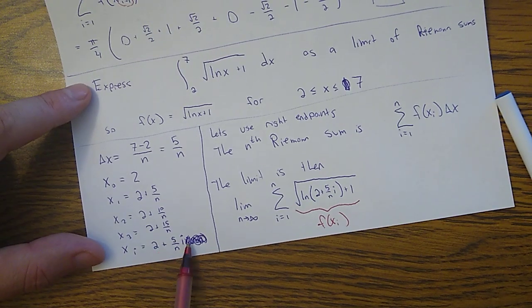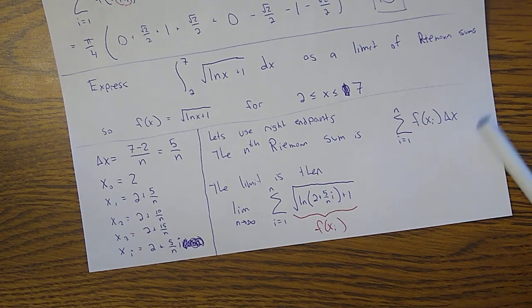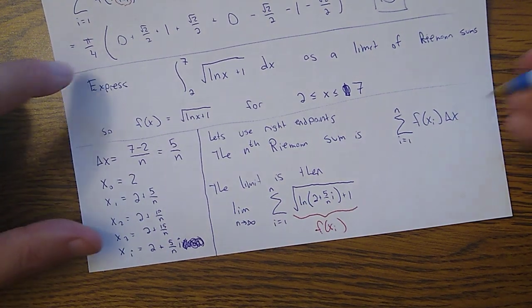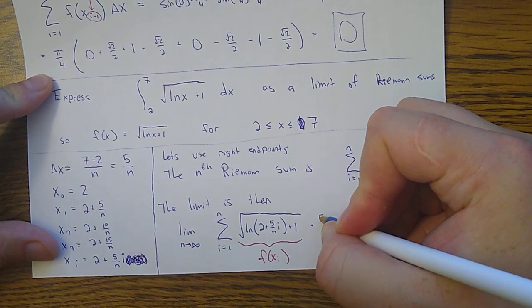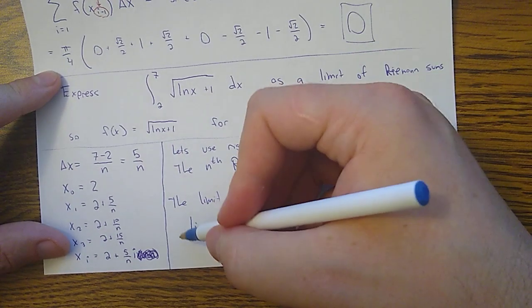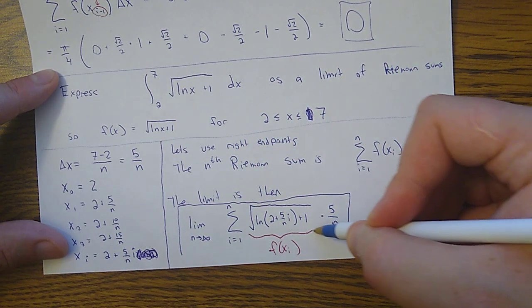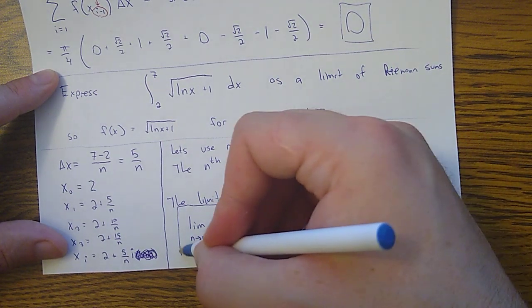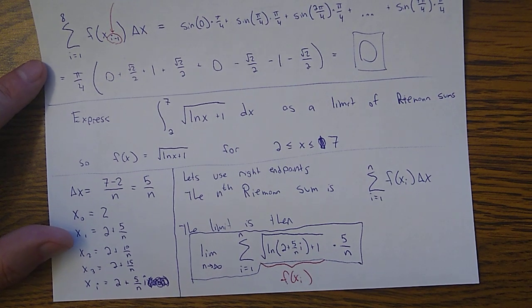I just plugged this into this. And then I have delta x, and delta x is 5 over n. This is my answer. Okay, good.